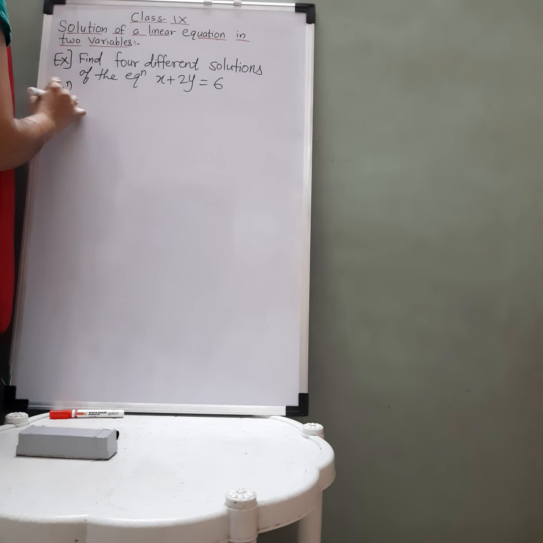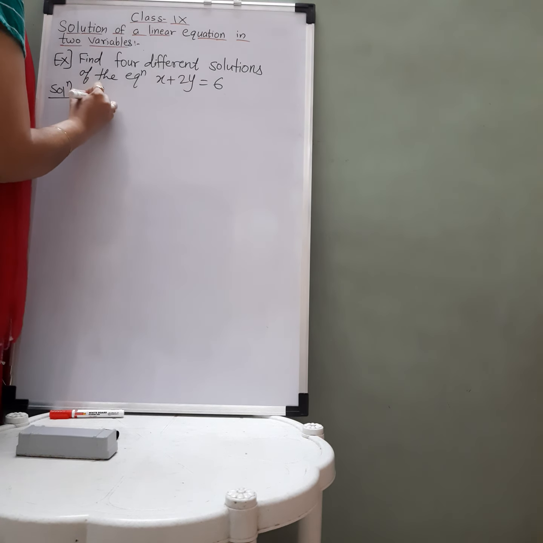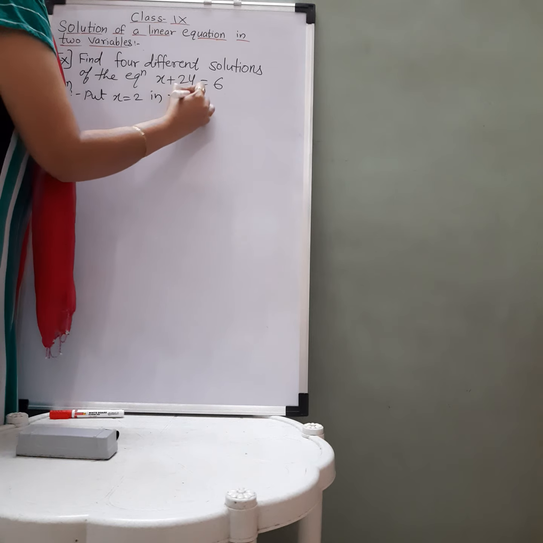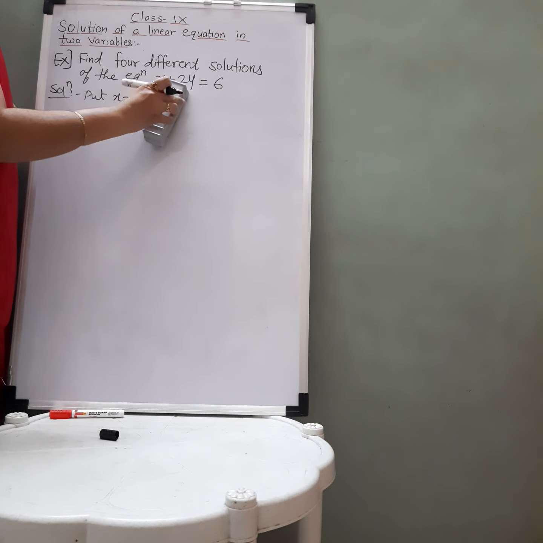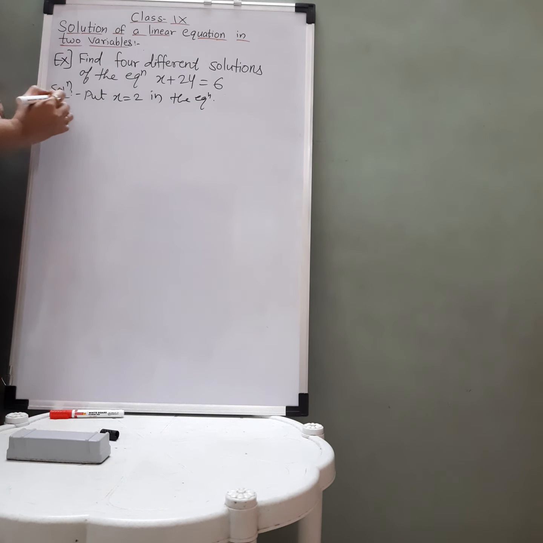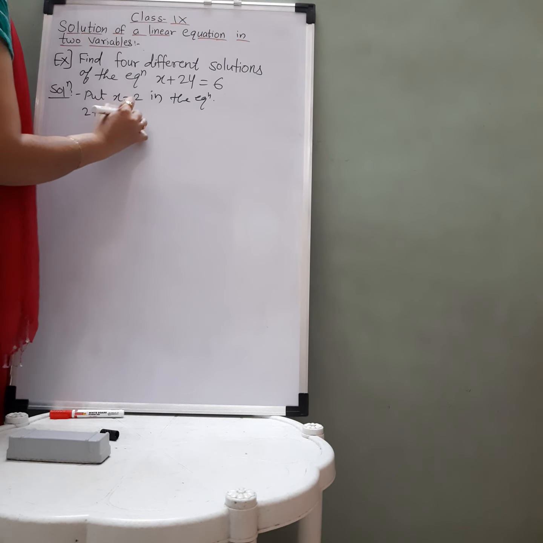So here, if we put any value of x in the given equation, then you will get the value of y. So if I put x is equal to 2 in the equation, then we will get 2 plus 2y is equal to 6.